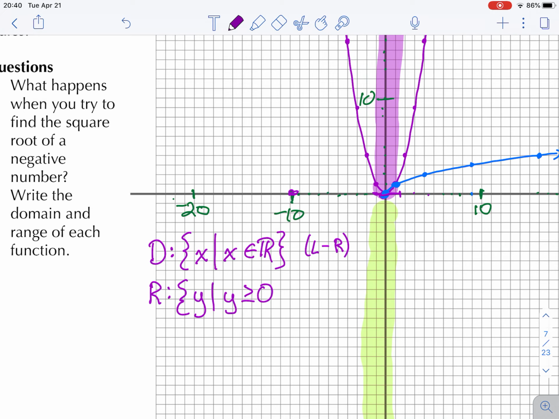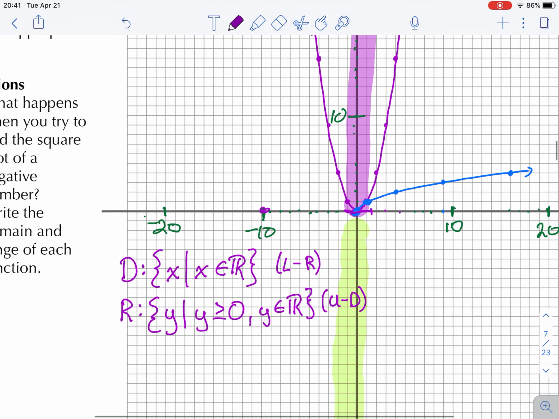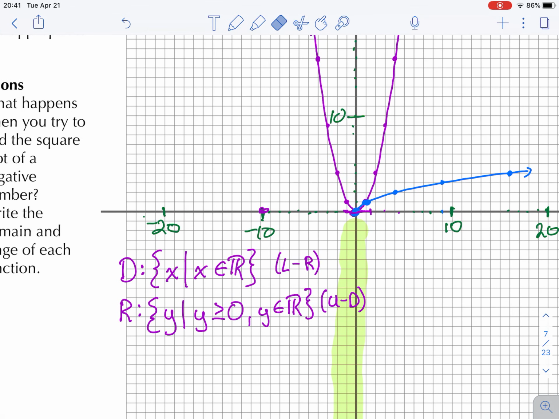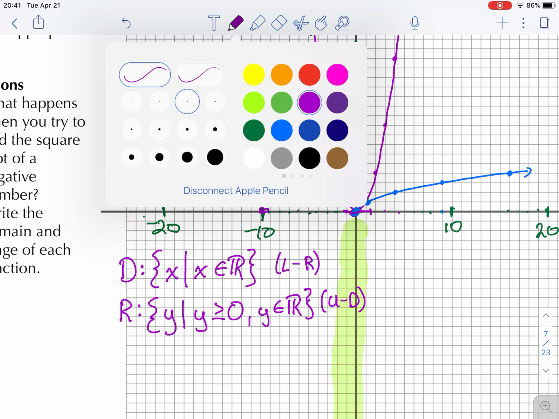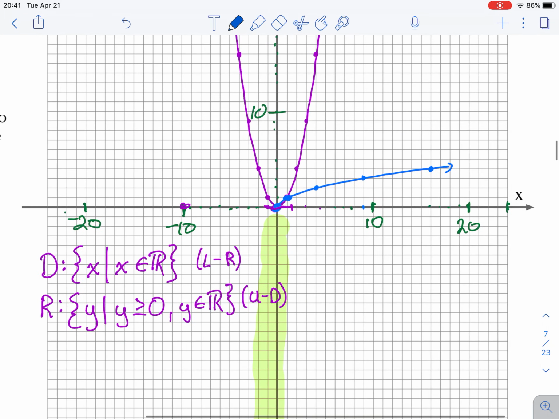So our range for our purple graph is y. Y has to be bigger than or equal to 0, but y could be any real number that is bigger or equal to 0. So we write it like this. This is up and down, how high up and down that can be. So those are the domain and ranges for our purple graph, the perfect squares.